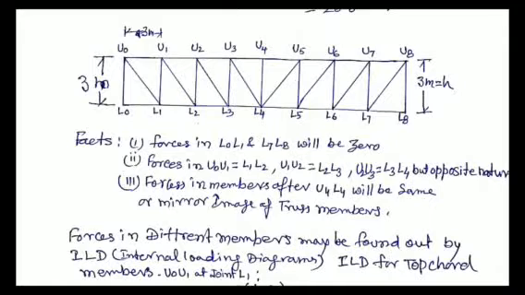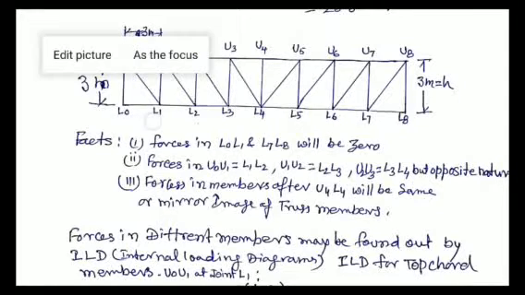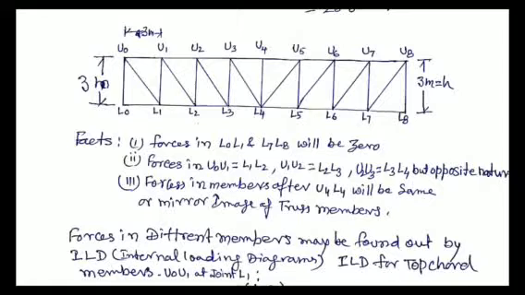We have to know about some facts. First, the forces in L0 L1, the bottom chord first member, a horizontal member, and L7 L8, the last chord member of the bottom chord, will be 0.